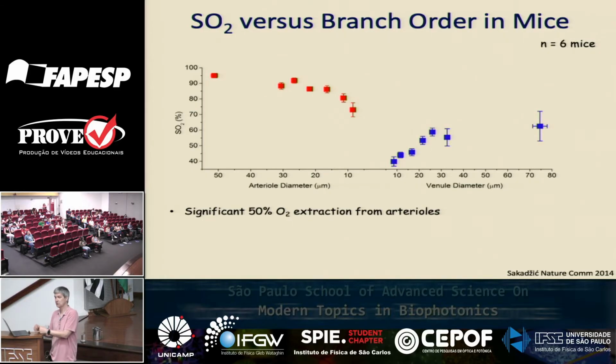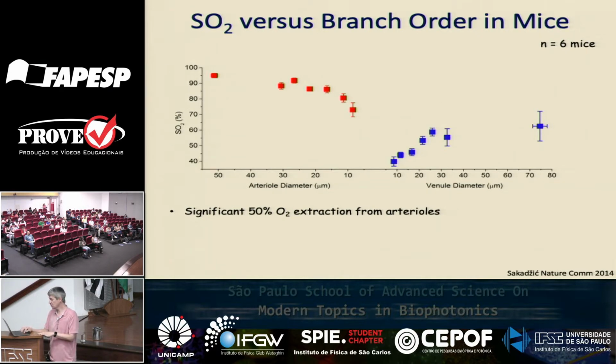That's the standard textbook explanation. But actually, if you look at your arterioles, you'll see that arterioles are giving up oxygen to the tissue as well. It's not just the capillaries. This is something that physiologists have known for decades, that arterioles do deliver oxygen to the tissue, but nobody ever actually quantified how much oxygen is delivered to the brain from the arterioles.